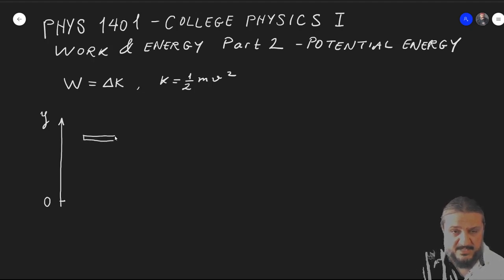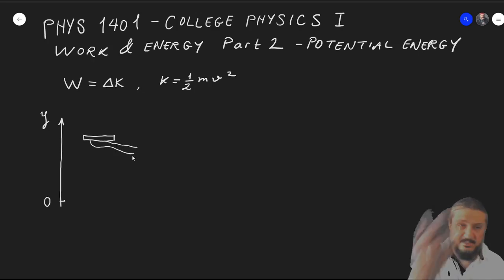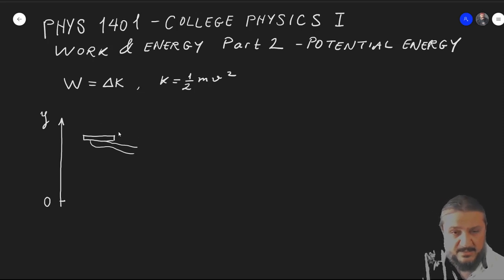This is the object, and let me draw my hand as well. This is me holding the object. The important thing is the object has a mass m, and initially its y coordinate is y initial.